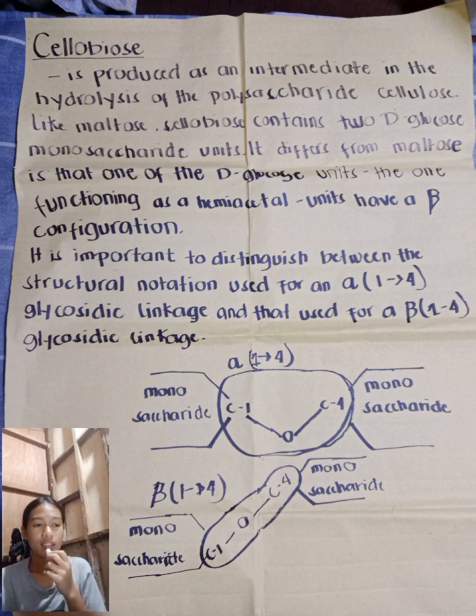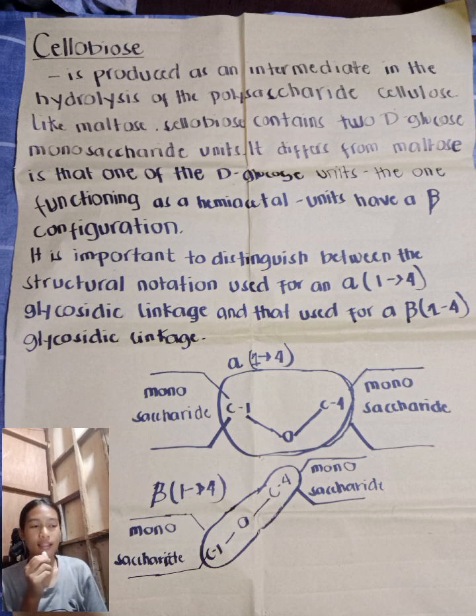So it is important to distinguish between structural notation used for an α1 to 4 carbon glycosidic linkage and that used for β1 to 4 glycosidic linkage. So we have here the configuration of the α and β glycosidic linkage.